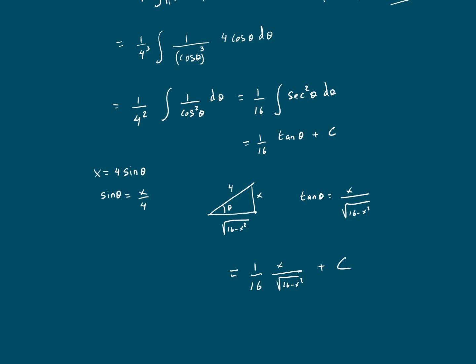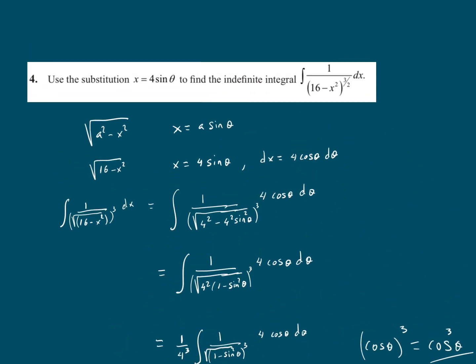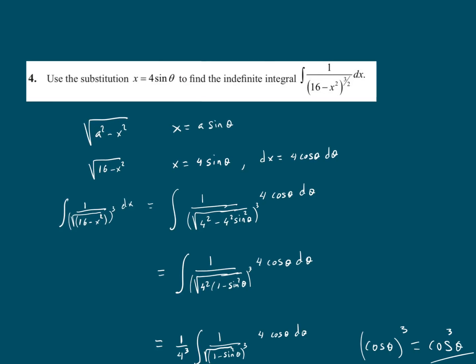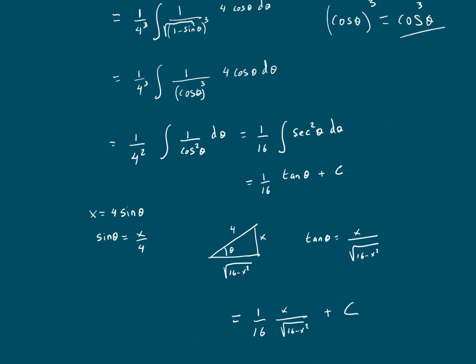Now you can take the derivative of this function, and you will find that it is the integrand, 1 divided by (16 minus x squared) to the 3/2. Okay, and the problem is solved.